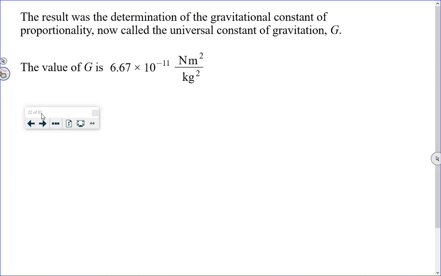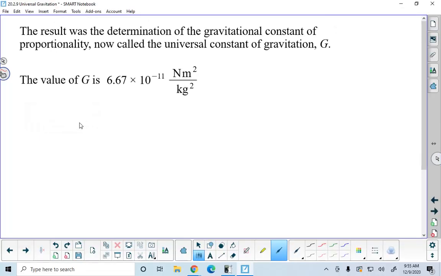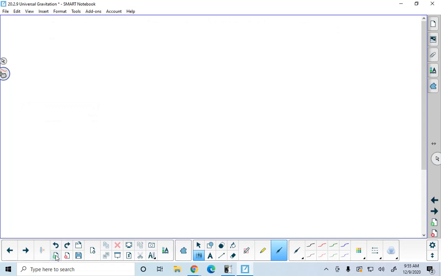I want to ask you guys a question here. Is g, little g that you're looking at, is it always 9.81 meters per second squared? No, definitely not, right? It depends on how far away you are from the Earth.